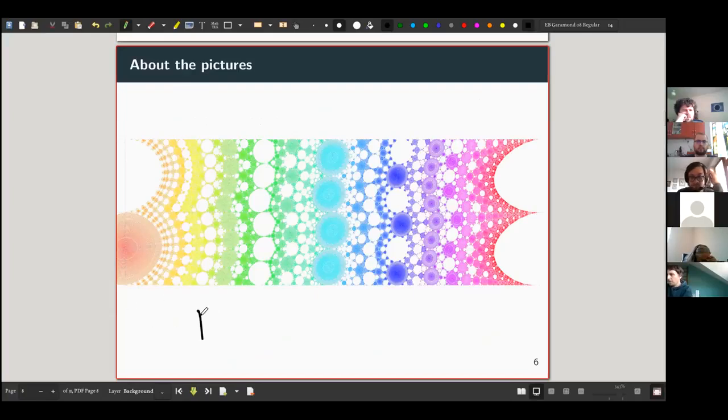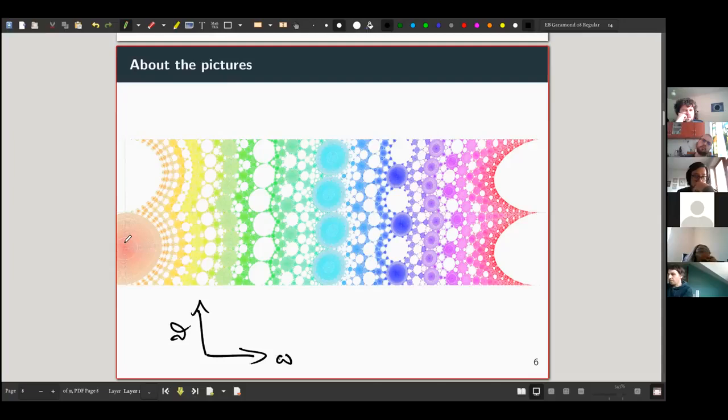Here in the plane, we have omega on the horizontal axis and theta on the vertical. And each time the particle comes to the edge of the disk, we just make one point in this picture. And as it is going around, we add more points.